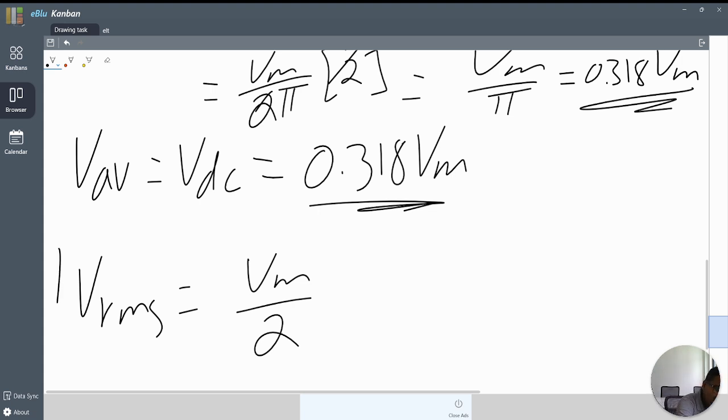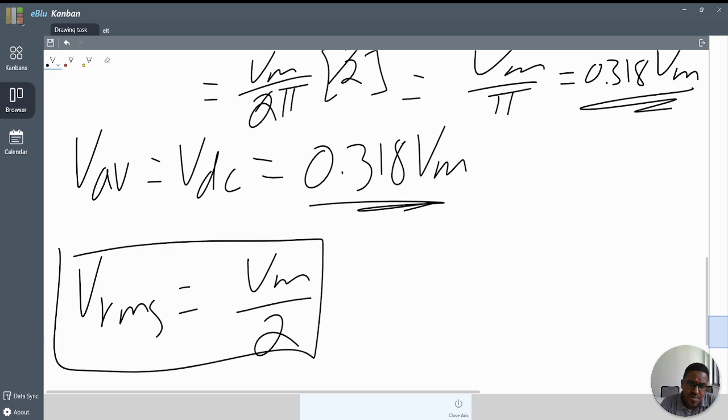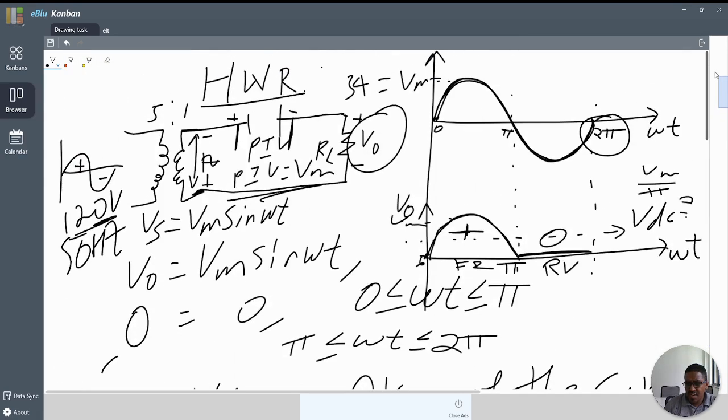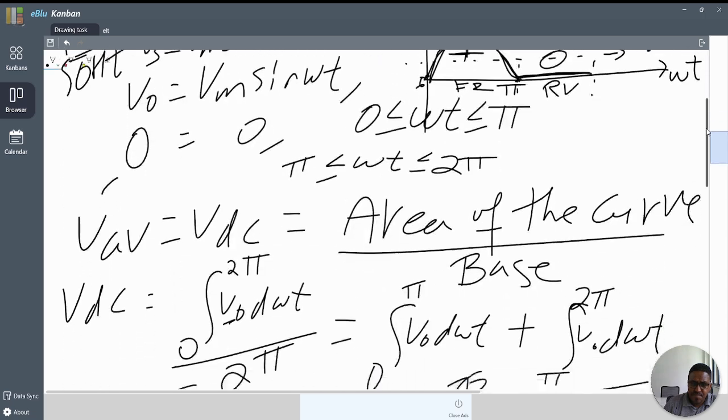The result for half wave VRMS is V maximum over 2. When you derive it from the source, that is the area of the curve over the base under the root, the result is V maximum over 2. And also F out equals F in during half wave rectification, because during the full cycle we get 1 pulse. So our frequency during pulsating DC is the same as the input frequency, that means 50 hertz.